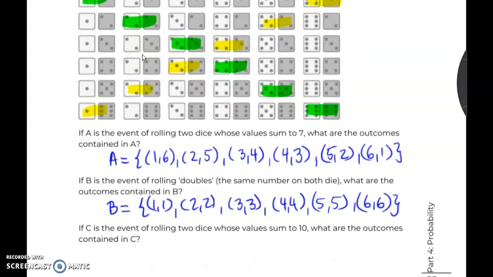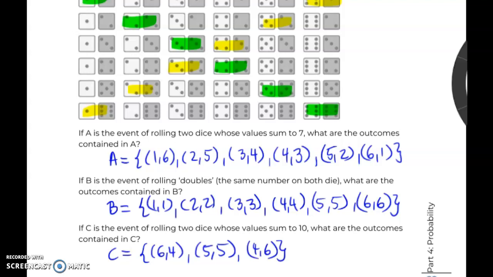And then our third event over here is the event of rolling two dice whose values sum to 10. All right, so for our last event, we have 6-4, 5-5, and 4-6. I can highlight again on our graph above.